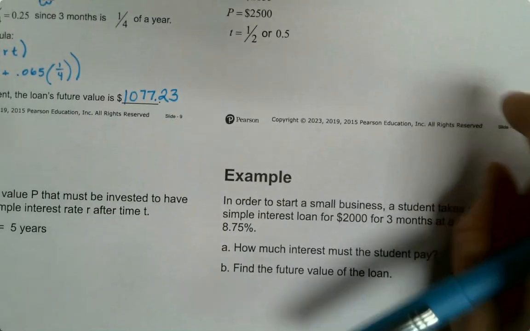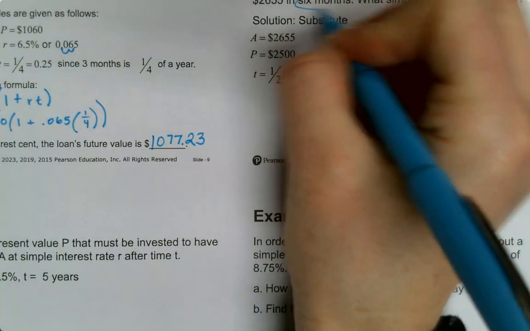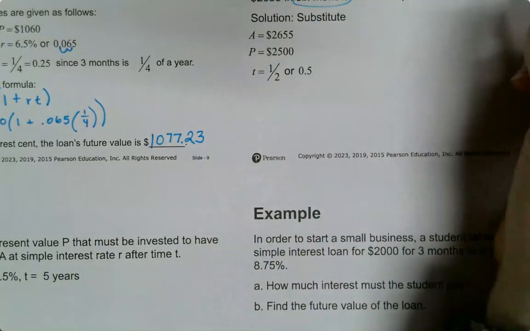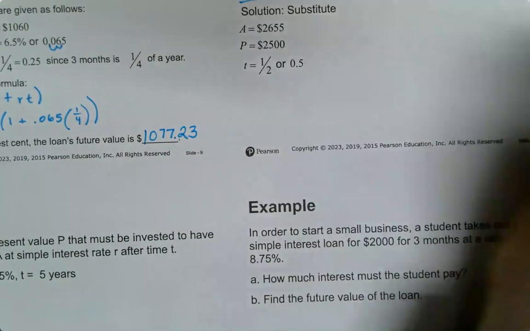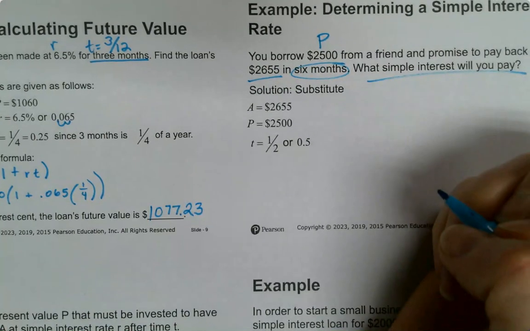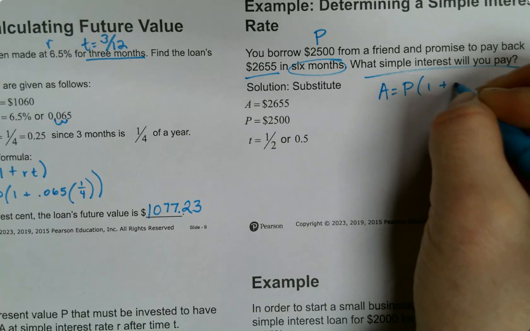Okay. Next one is very similar. So you can go ahead and work that out, and I'll show you the answer in a second. Oh, no, it's not the same. Sorry. Because it gives you a promise to pay back, at a simple interest rate, so it's not the same. I thought it was. So A equals P times 1 plus RT.